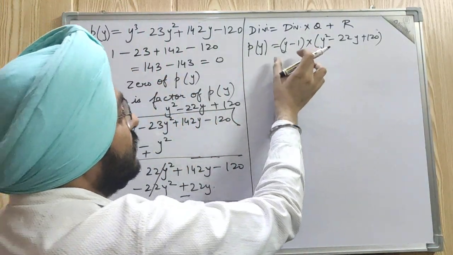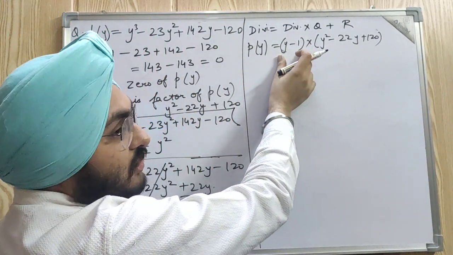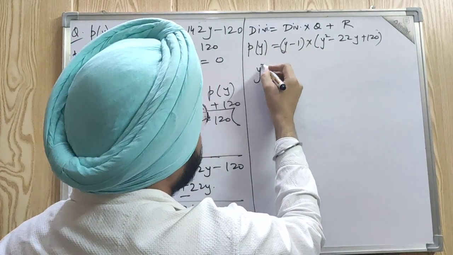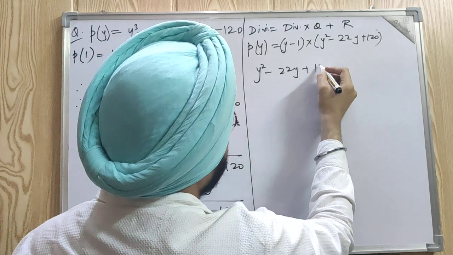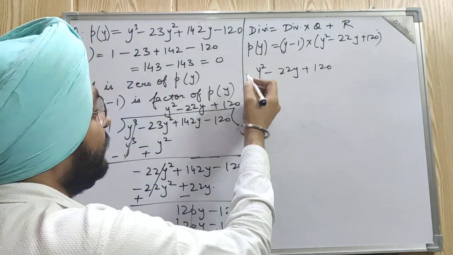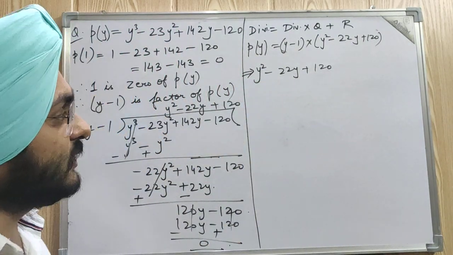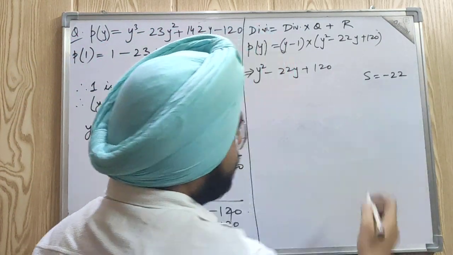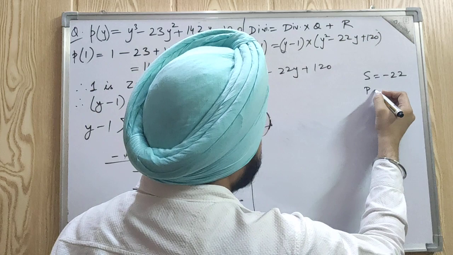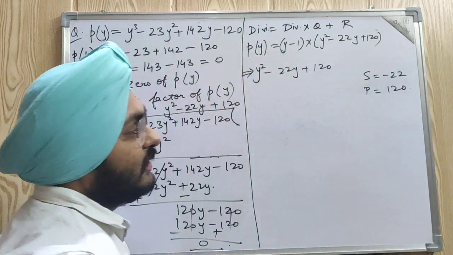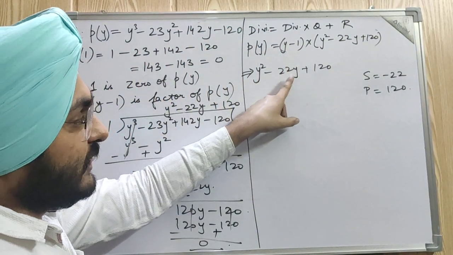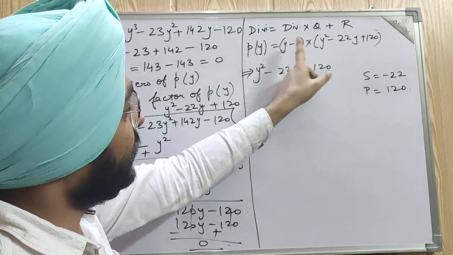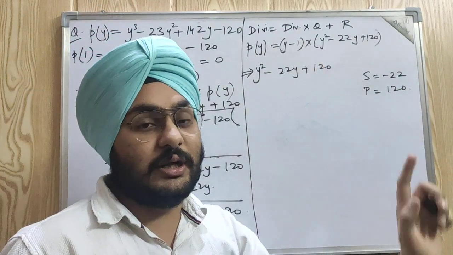So now, the first factor we have got is y minus 1. The other two factors will come from this quadratic polynomial, y square minus 22y plus 120. So factorizing this quadratic polynomial here. Now the sum is minus 22, the coefficient of y, and the product is 120 into 1, which is 120 only.